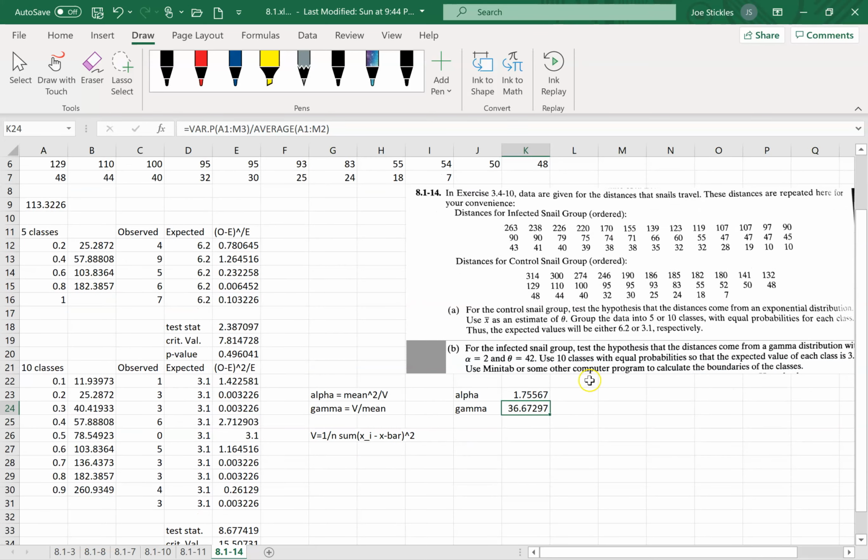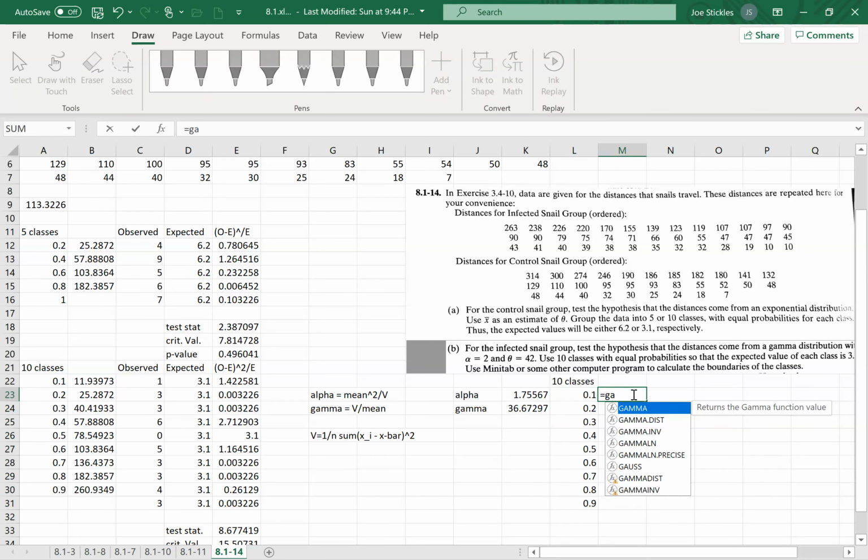So we're going to have 10 classes in this one. Luckily, we don't have to solve for anything. The gamma inverse is built into Excel. So here I'll do GAMMA.INV.